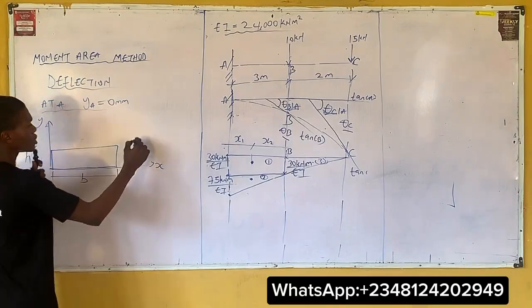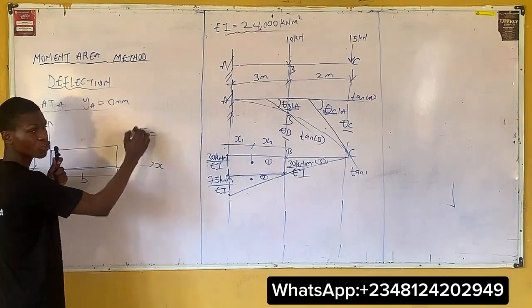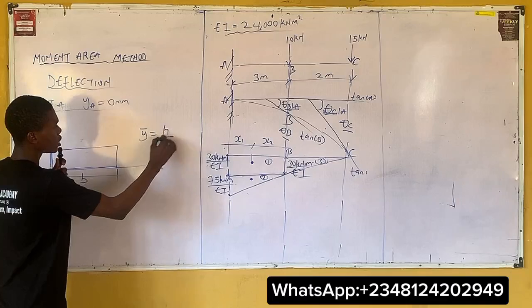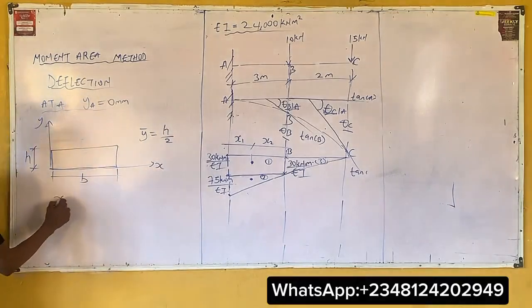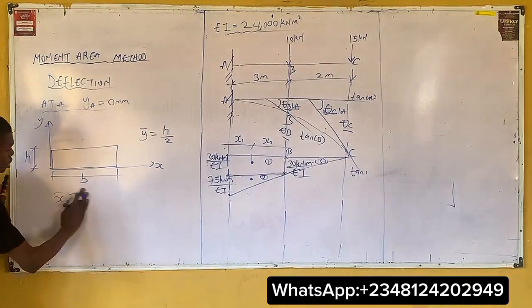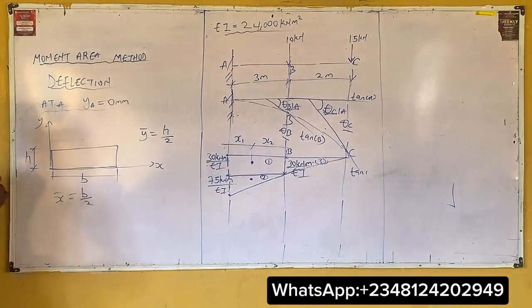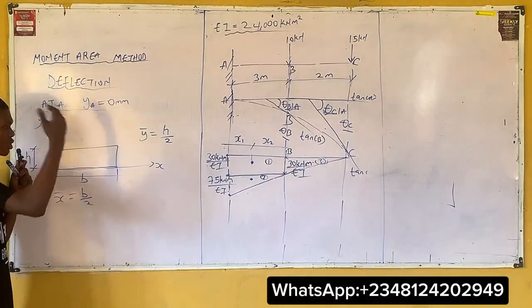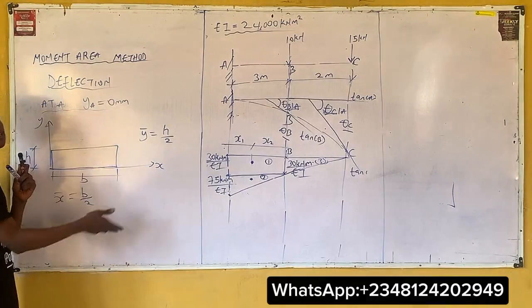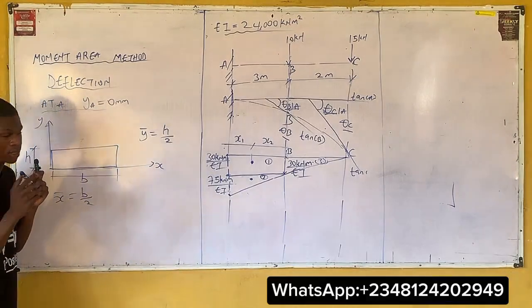To get y bar, the centroid in y, that becomes h over 2. To get x bar, that becomes b over 2. So different types of shape have their own centroid, and I gave them to us in the last class.